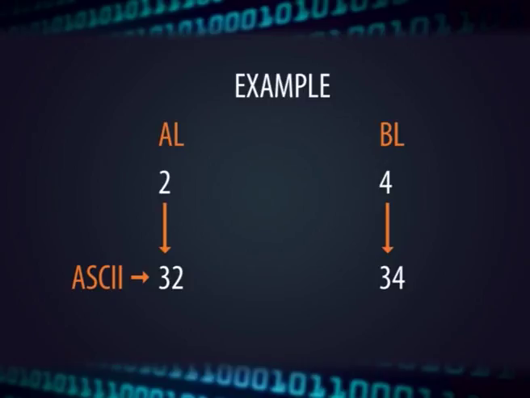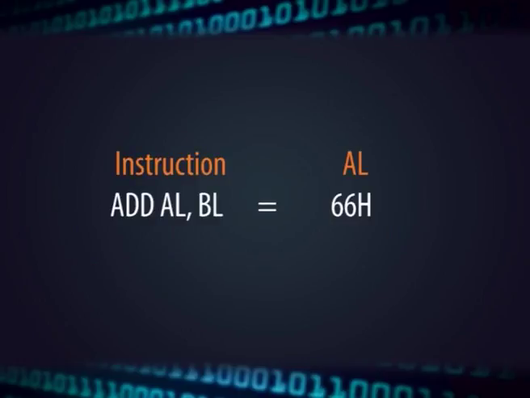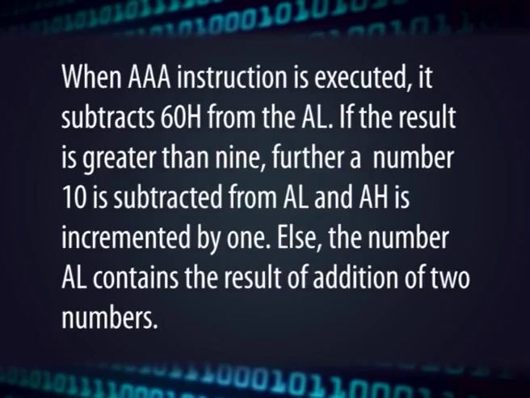Assume you have to add two digits 2 and 4 stored in registers AL and BL in ASCII format as 32 and 34. First, the operation add AL comma BL is performed. The result 66H is stored in AL. When the AAA instruction is executed, it subtracts 60 hexadecimal from AL. If the result is greater than 9, a number 10 is further subtracted from AL and AH is incremented by 1.